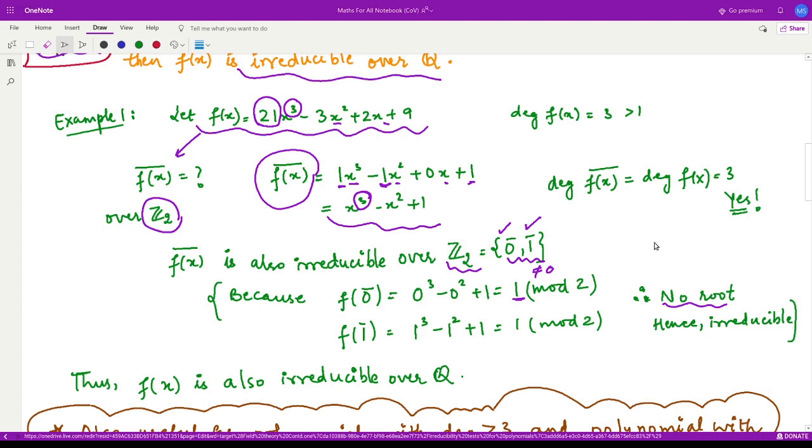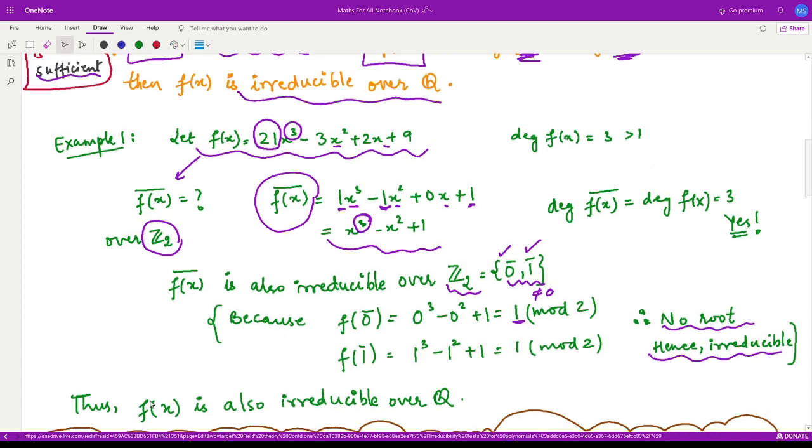So by the previous result, which was discussed in the last video, this polynomial f bar x is irreducible. So accordingly, using this test, the original polynomial fx is also irreducible over the field of rationals, right? This is as simple as that. That means you just change the given polynomial to some mod p, where p is any prime.